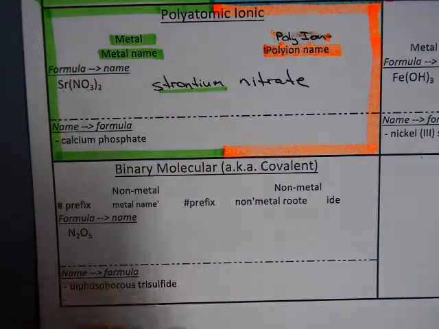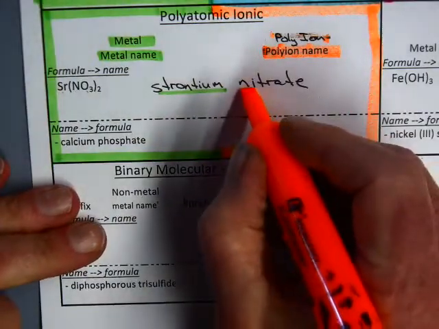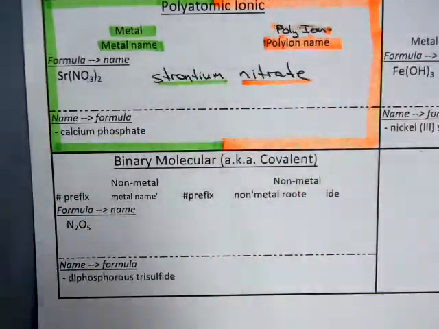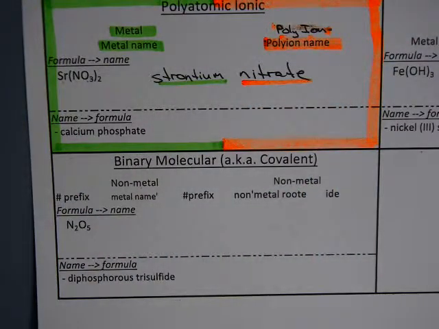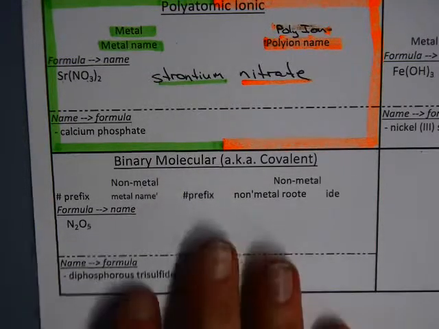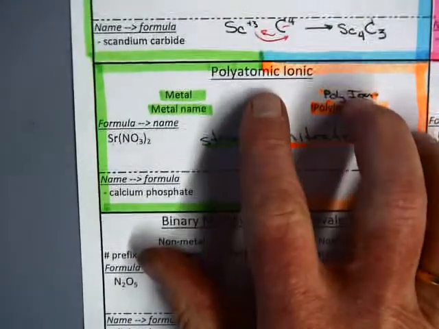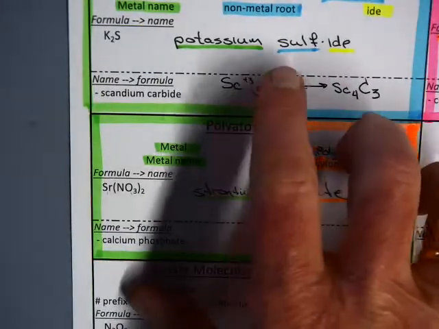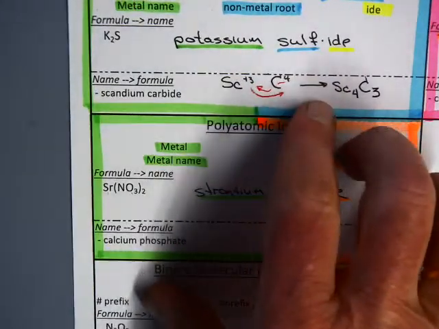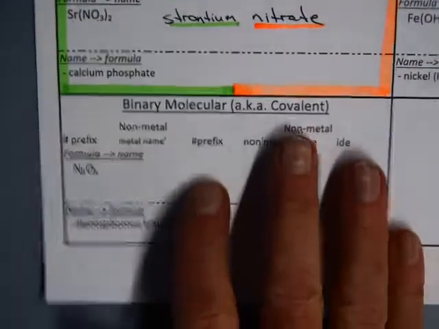Just that simple. Now, going the other direction is a little bit more of a challenge. The reason for the challenge is that you have to figure out how many phosphates and how many calciums you have. So you follow the same rules as you did up here, where you put down the combining capacities and then you cheat. So that's what I'm going to do here.